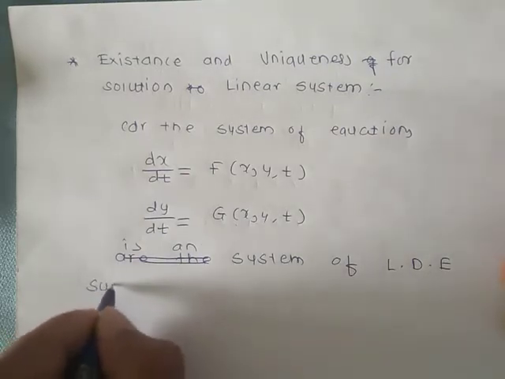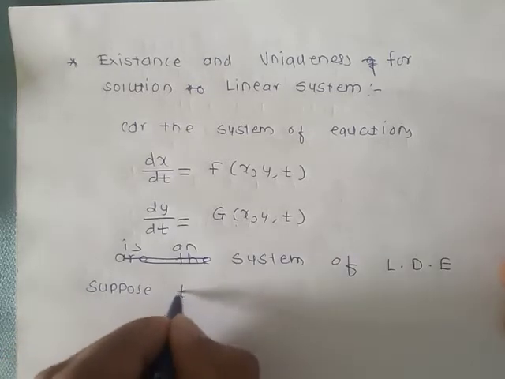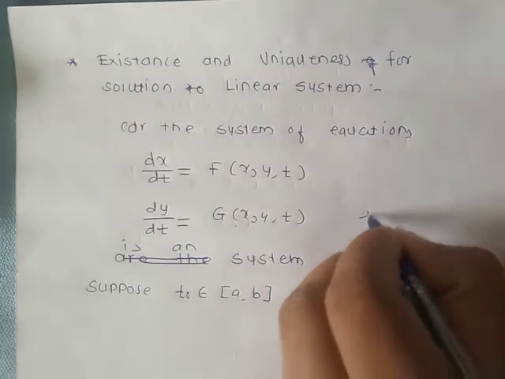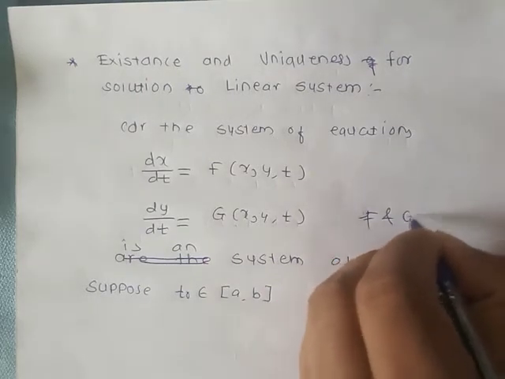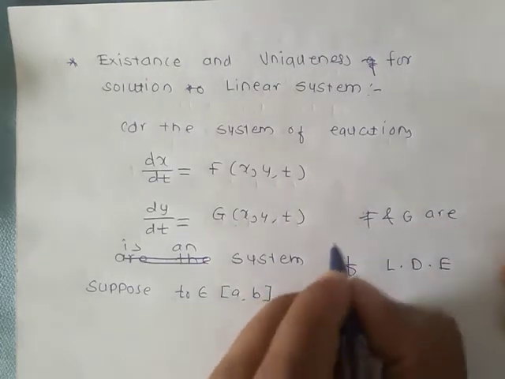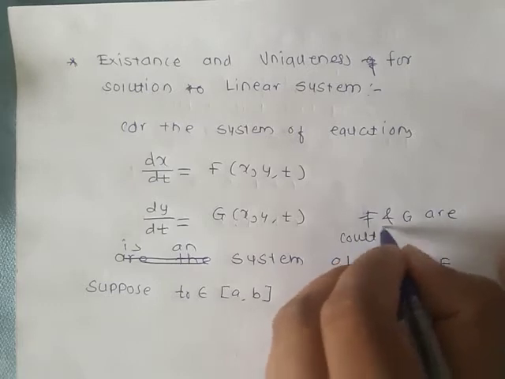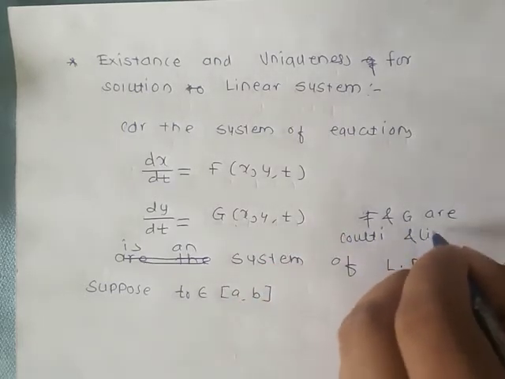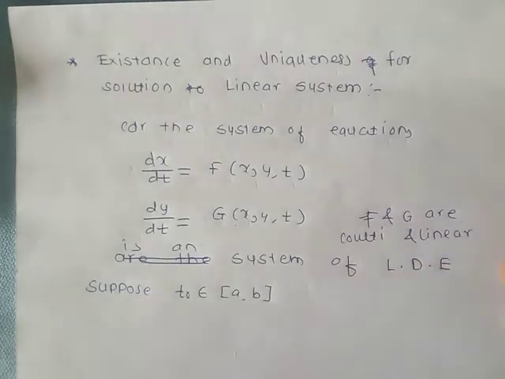Now suppose t0 belongs to the closed interval ab. Here f and g are continuous and linear. F and G are continuous and linear.